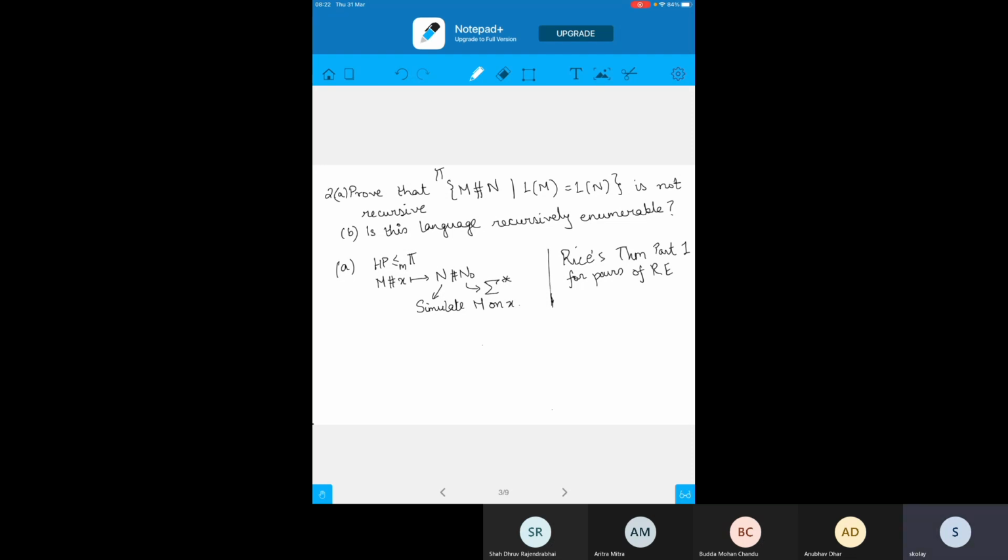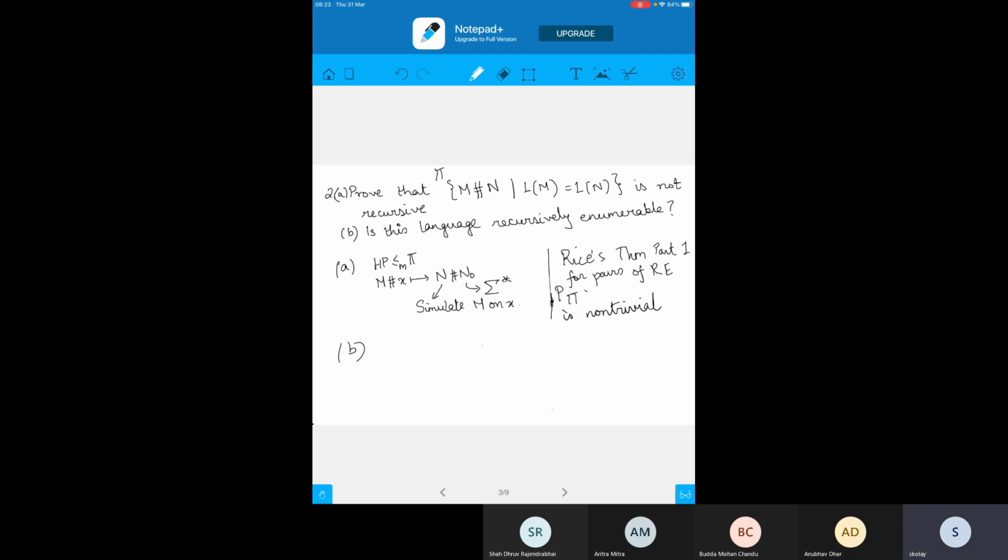If you show that this property pi is non-trivial, then I should be done, from what we proved before. Yes, ma'am. We can take the equality property and it's non-trivial. Right. Okay, so now let's move on to part B.